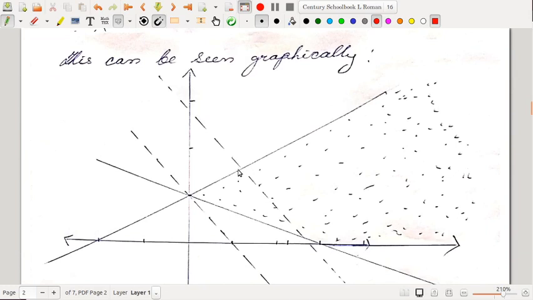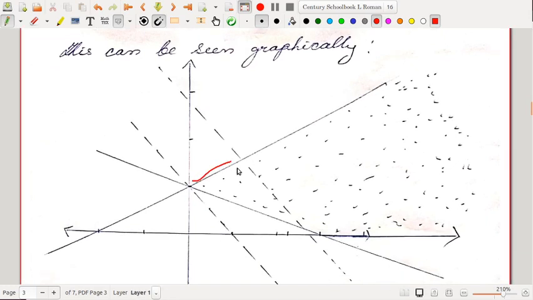Because if we move to this position, there is much more space on the right side where we can move further.